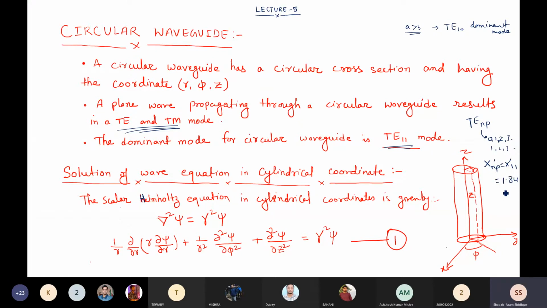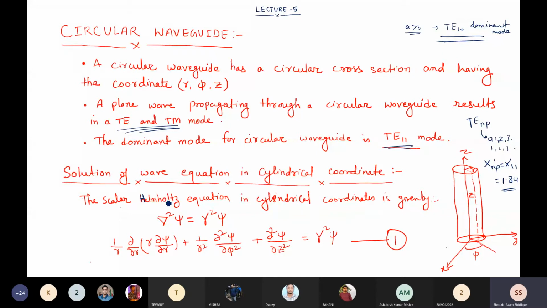The mode having the least cutoff frequency is called the dominant mode. That was TE11, and TE10 is the dominant mode for a rectangular waveguide, subject to the condition that a should be greater than b. If a is less than b, it becomes TE01.